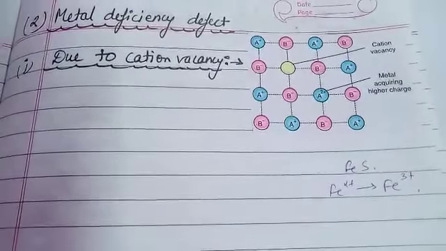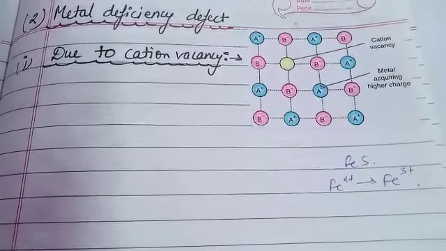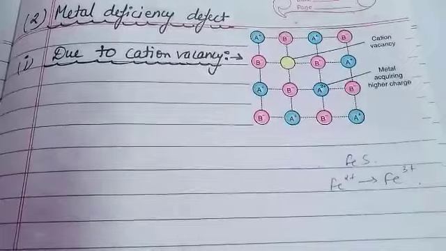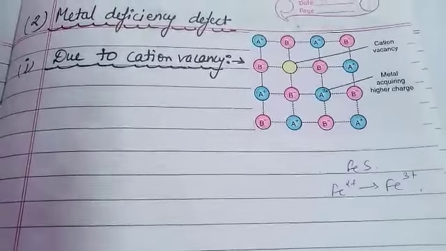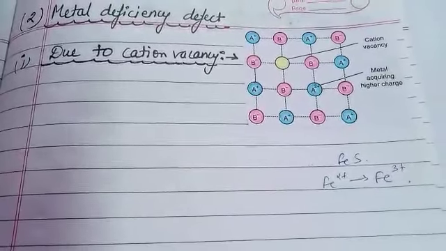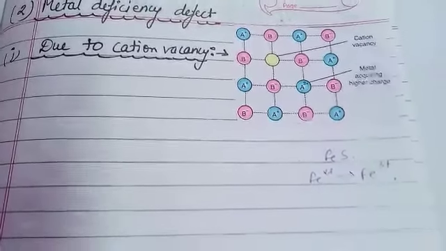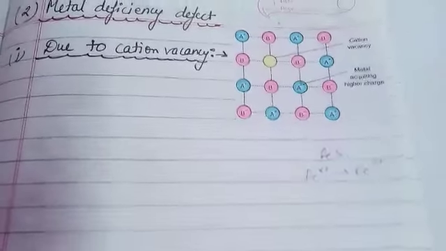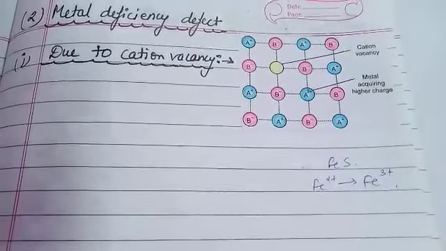It shines like gold. सोने जैसा दिखाई देता है, it shines like gold, and because of that it is also known as fool's gold. Okay, nickname होता है ना सबका. So the nickname of FeS is fool's gold. Now this is one type of metal deficiency defect.